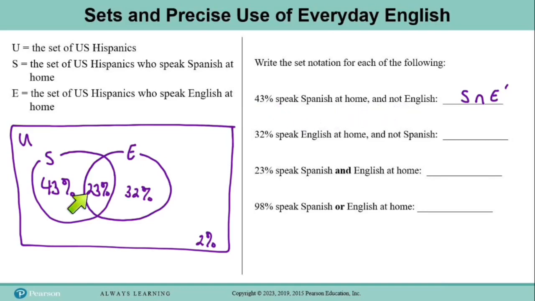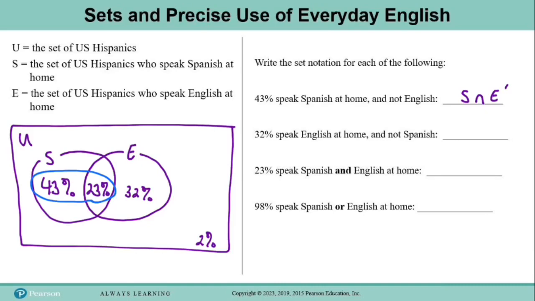Now let's look over here at our Venn diagram and see if we can determine where S intersect E prime is. We know it ought to be the 43%, but let's make sure it makes sense. So the set S is representing the 43% who speak Spanish only at home and the 23% who speak both Spanish and English. So the set S includes both of these numbers.